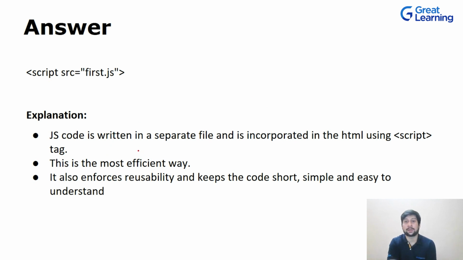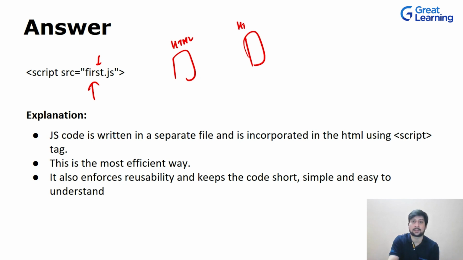So why should we write this, and why is this a very important way to include your JavaScript? Because with this we can use the same file for multiple HTML files. Let's suppose there are two HTML files, and both of them want to use this first.js JavaScript code. It can be a single line of code or multiple lines, but let's suppose this is a 1000-line code, right?